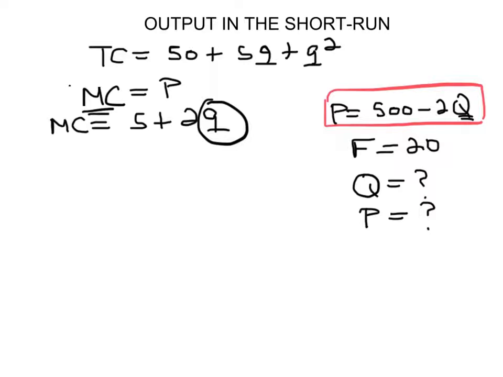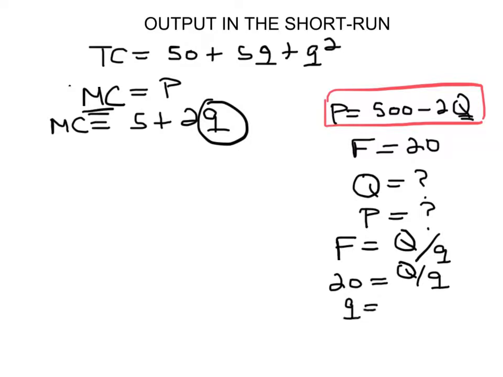The other equation comes from the firms. The number of firms is equal to the amount the market produces divided by how much output each firm produces. Since F is 20, I can substitute, and I end up with small q equals 1 over 20 big Q.